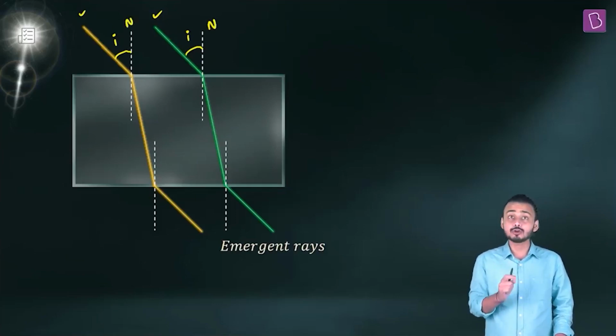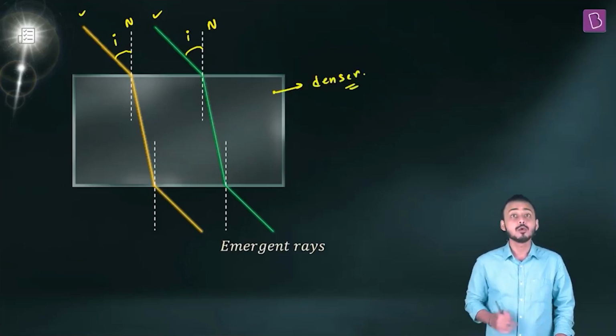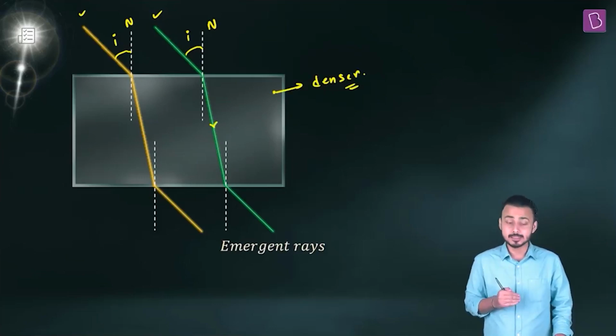Now if we focus on one particular ray, what happens? Because this glass slab is an optically denser medium, the ray which gets refracted on the first face gets bent towards the normal, right?